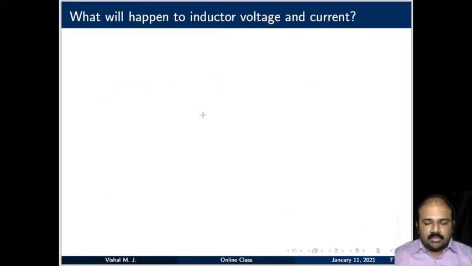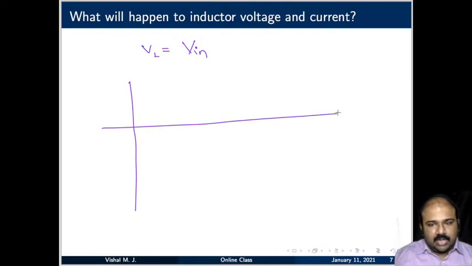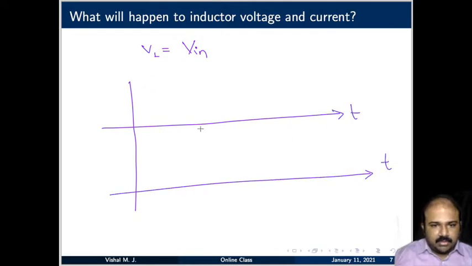Now, what will happen to the inductor voltage and current? We have found that when the switch is closed, inductor voltage is same as the input voltage. So if I plot along the time axis, let this be one switching cycle Ts, of which the switch is on for a period called DTs.